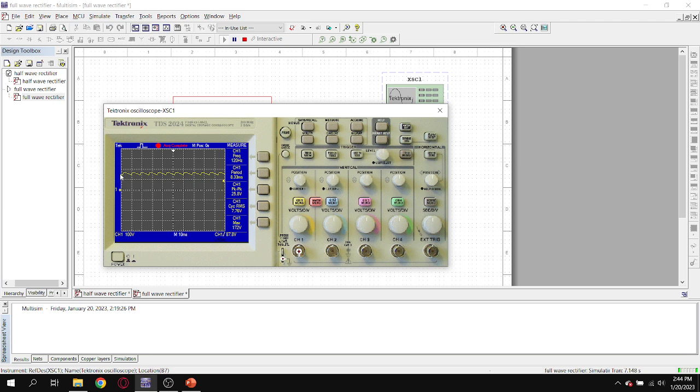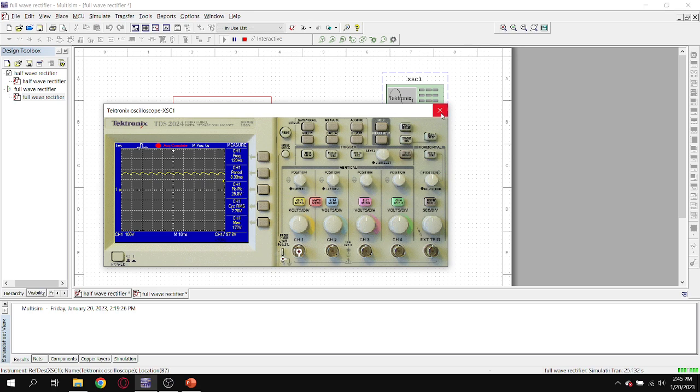At the waveform, same as before, we see the voltage spike and then it drops slowly. It spikes again and then it drops slowly.